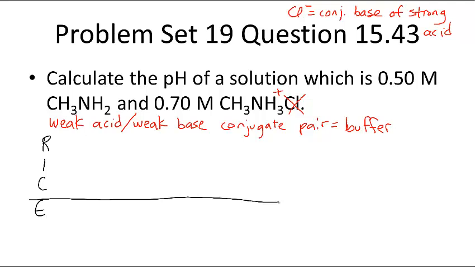Can you think of an equilibrium that will contain both CH3NH2 and CH3NH3 plus? All right, so one approach is to take the acid dissociation equation for CH3NH3 plus. What would another approach be?